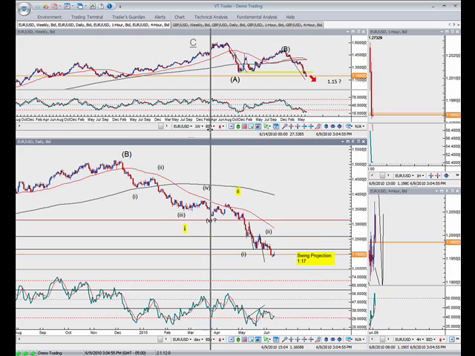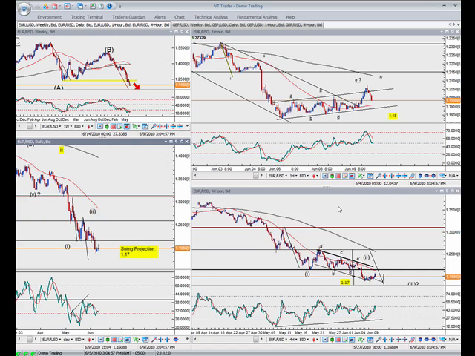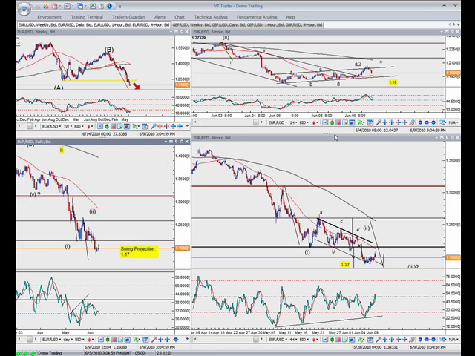So let's take a look at the 4-hour time frame. We were in the previous week in this triangle pattern, broke out below 121.50, 121 area, and the market has paused again in this little wedge. So you see that in the 4-hour time frame.